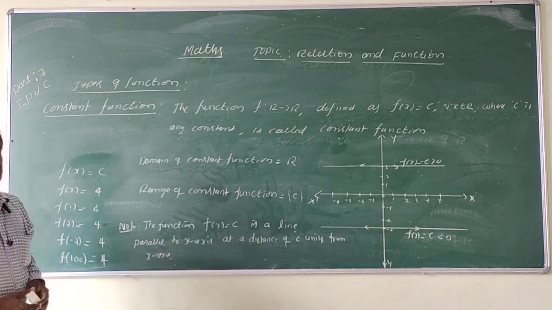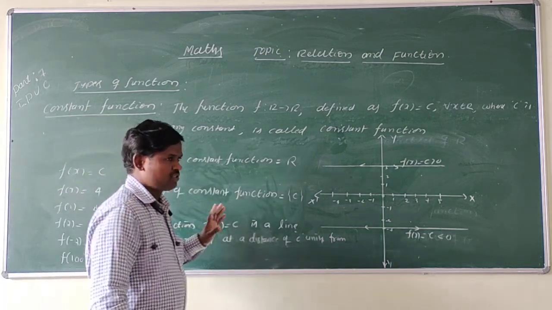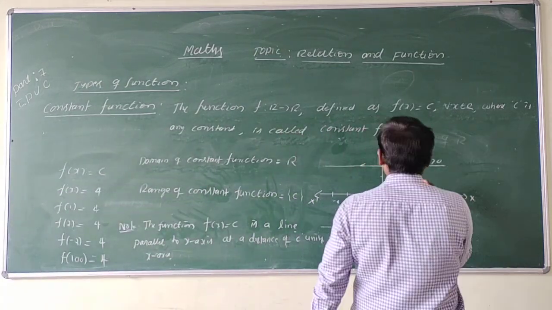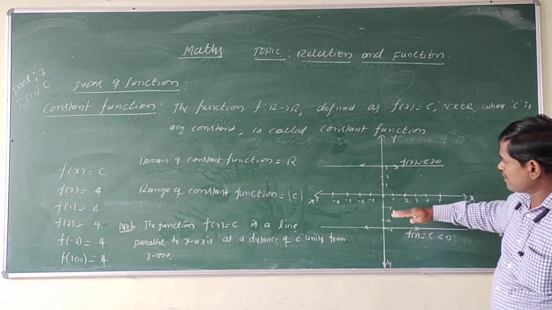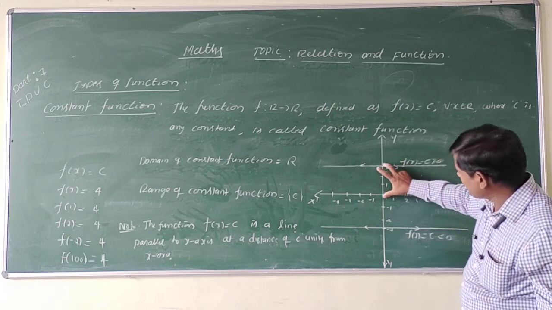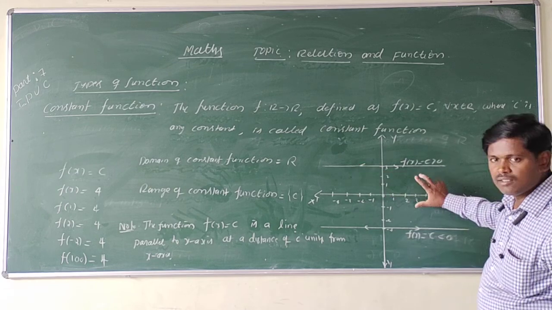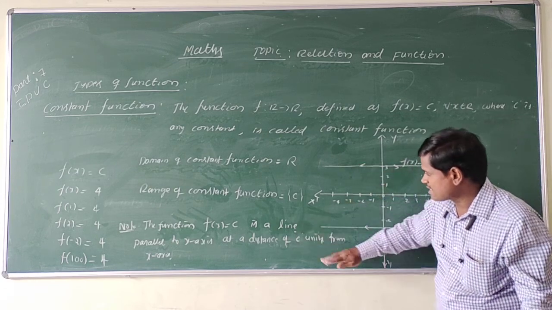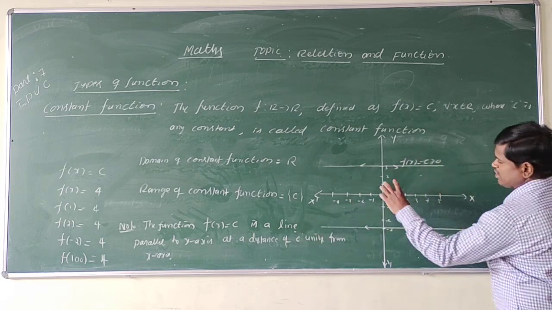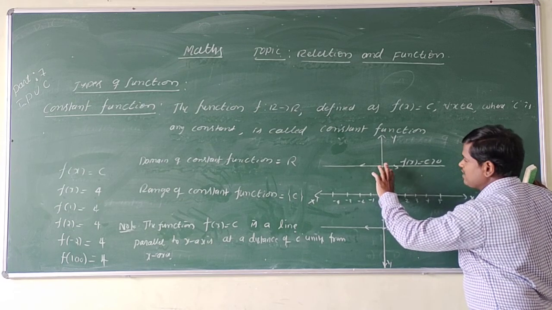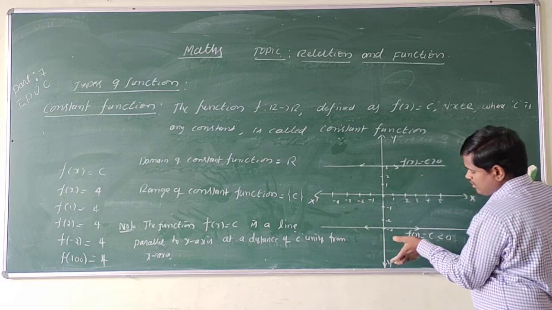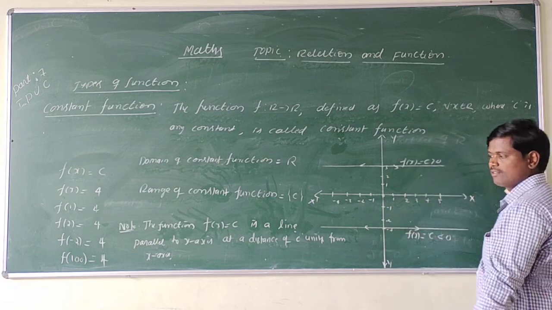So f of x is equal to c is a straight line which is parallel to the x axis. That means it is parallel to the x axis at a distance of c units. Suppose from here to here the distance is c, so that is taken as c units. If negative sign, then minus c.